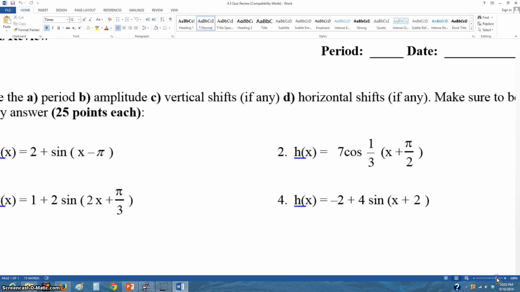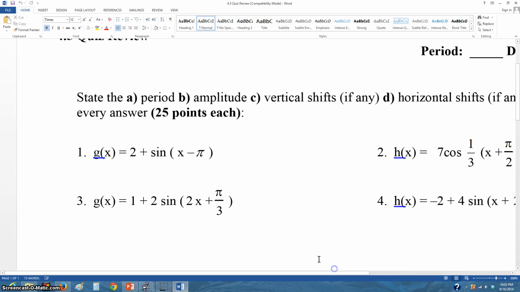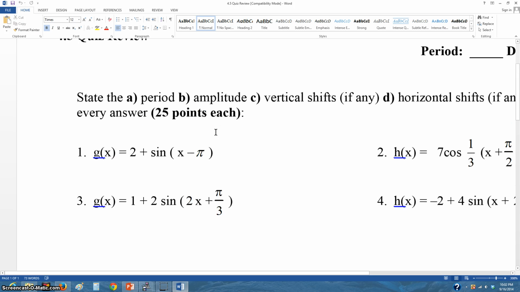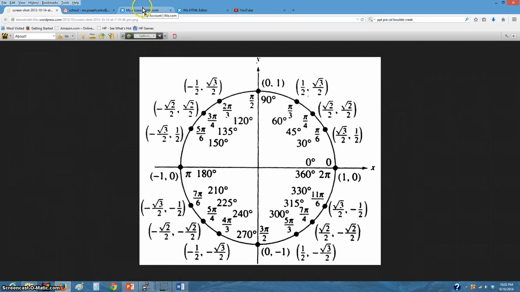Let's take a look at the first one. G of x is equal to 2 plus sine of x minus pi. Let's see, I believe I have it on my website.